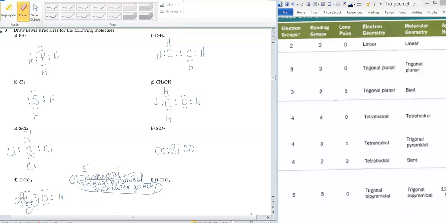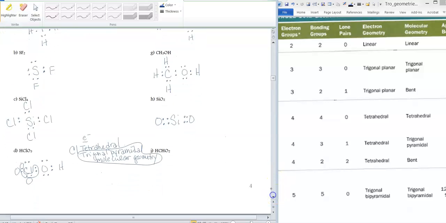So I said we have 2 central atoms, so let's take a look at oxygen. Do I have a little bit of space underneath here? Oh, I do. I'm going to use it. So oxygen, we said that oxygen has these 2 lone pairs and it has 2 bonded pairs. Okay, still a total of 4 groups.